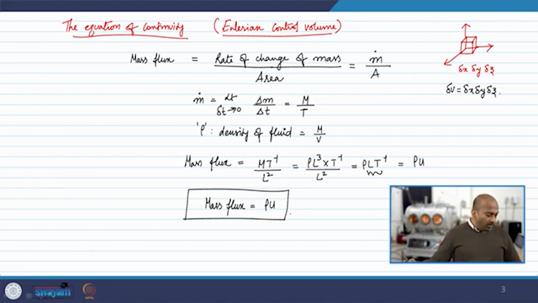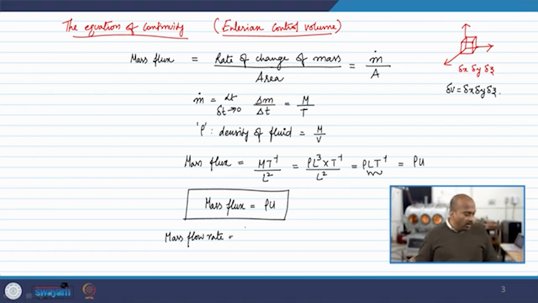Now, since we have considered this volume, we have to identify several other parameters, right. So, we will also define what is called mass flow rate. Mass flow rate is the rate of change of mass, which would be rho u A, right. Mass flow rate is nothing but m dot, the rate of change of mass.